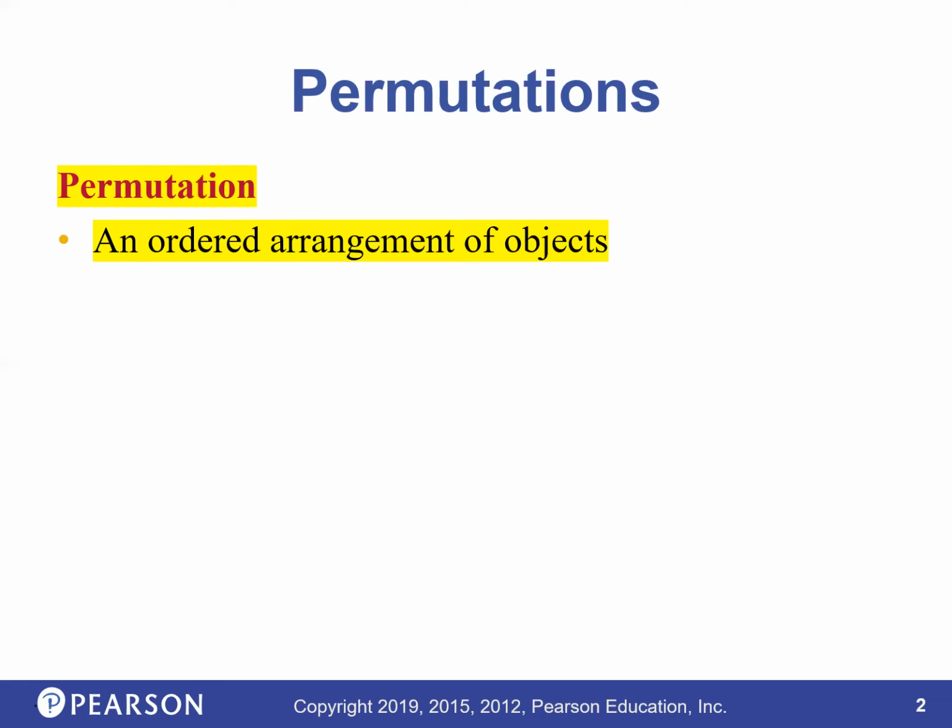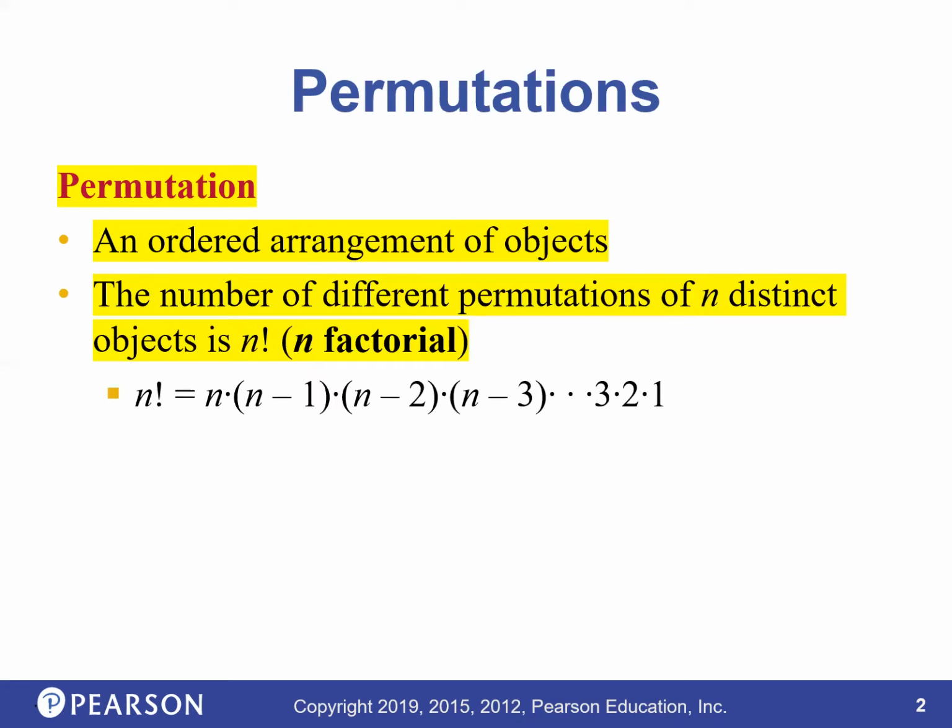Permutations means that there's some kind of order to the arrangement of these objects. The number of different permutations, the number of ways you could scramble the order of these objects, is something called n factorial. That's what we say, n factorial. It's basically an exclamation point.